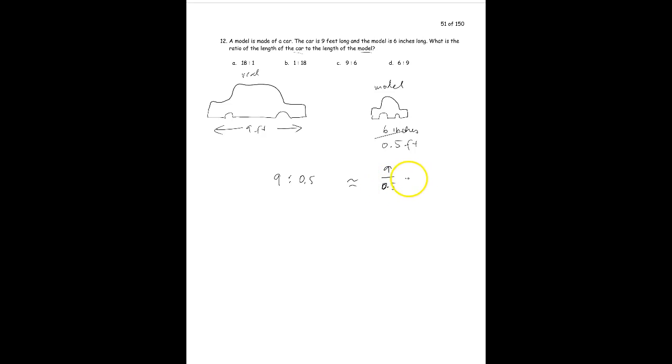And so to clear those out, I'm going to multiply the top and bottom by 2 to turn the denominator into no decimal. So 0.5 times 2 is 1. 9 times 2 is 18, so 18 to 1. So the car itself is 18 times bigger than the model. That's the scale factor. That's how to think of that. So the answer is A.